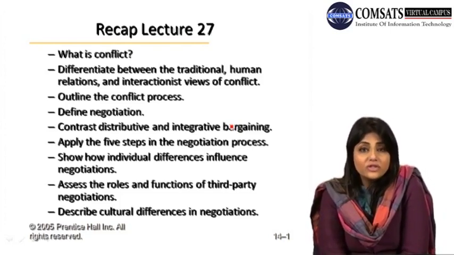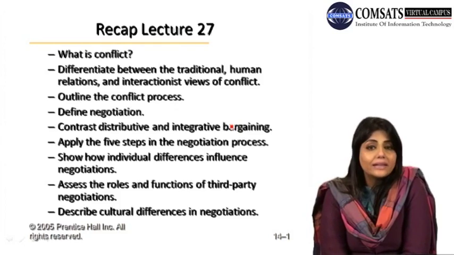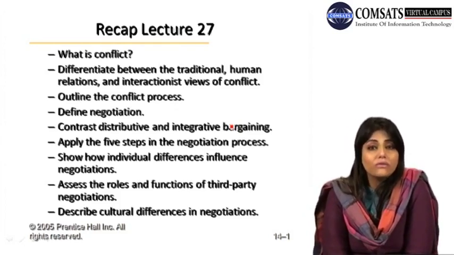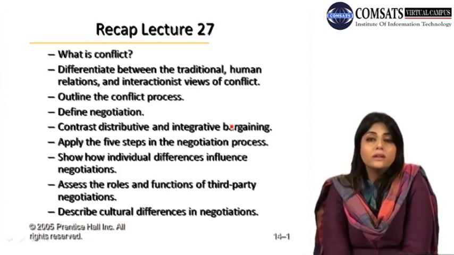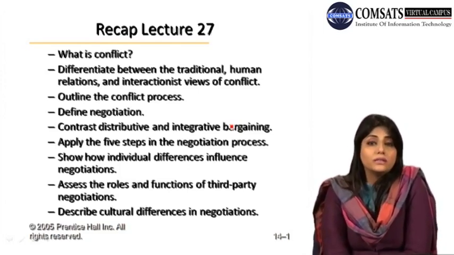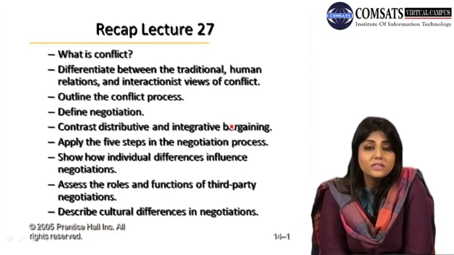Then we discussed the interactionist view of conflict, which differentiated between the different categories of conflict. There is task conflict, there is interpersonal conflict, and there can be a process conflict.